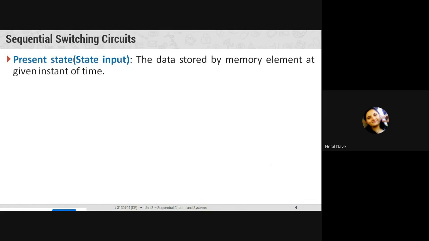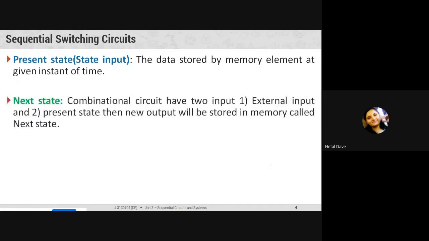Present state is the state of the combinational circuit at the time we apply the external input. This new output is called the next state and it will be stored back into the memory element.